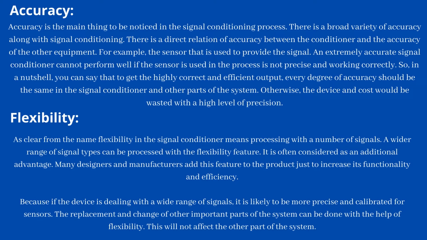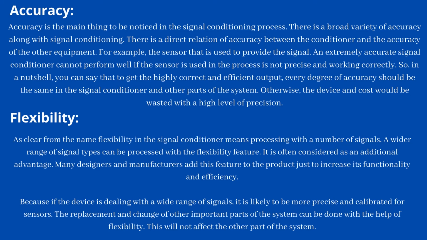An extremely accurate signal conditioner cannot perform well if the sensor used in the process is not precise and working correctly. So, in a nutshell, to get a highly correct and efficient output, every degree of accuracy should be the same in the signal conditioner and other parts of the system. Otherwise, the device and cost would be wasted on a high level of precision.